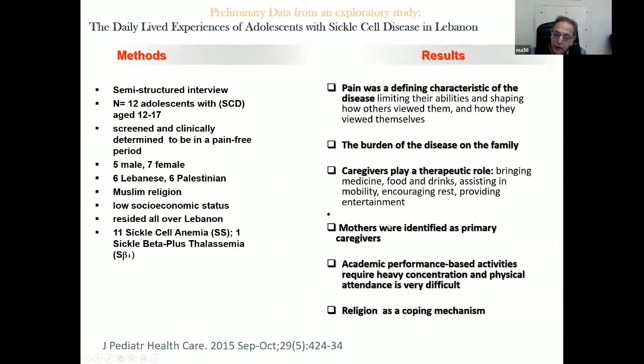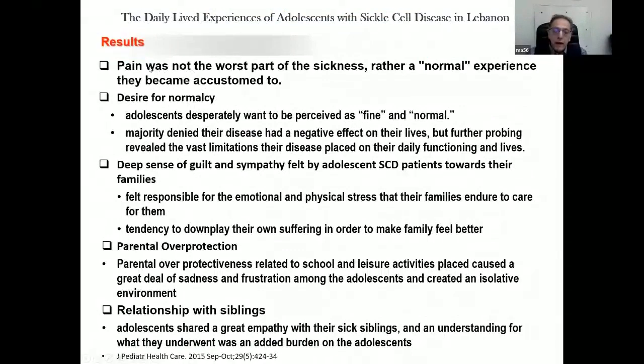Pain is a defining characteristic, but there are other issues that came up. For these patients, pain was bad, but was not the worst part of the sickness, rather a normal experience. They desired normalcy, and they really wanted to be viewed as normal. They had a sense of guilt and sympathy towards their families because they felt they were a burden on the family and responsible for physical and emotional stress.